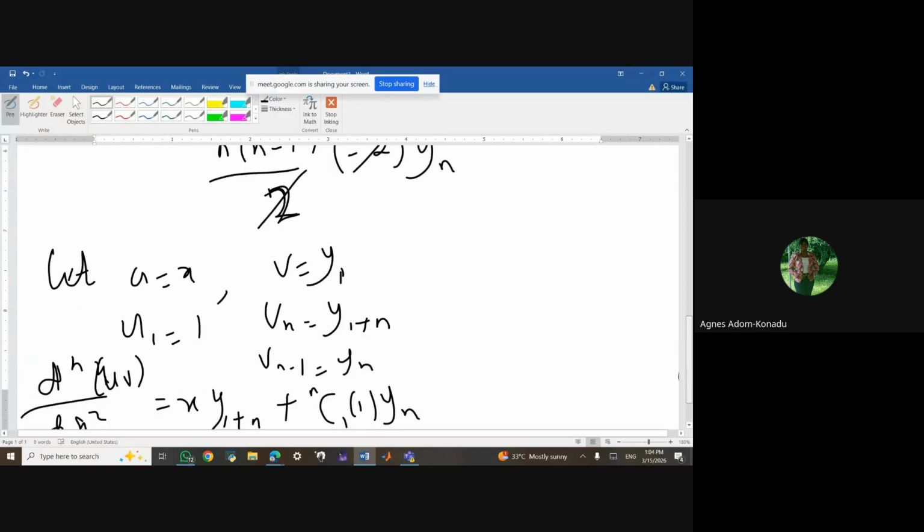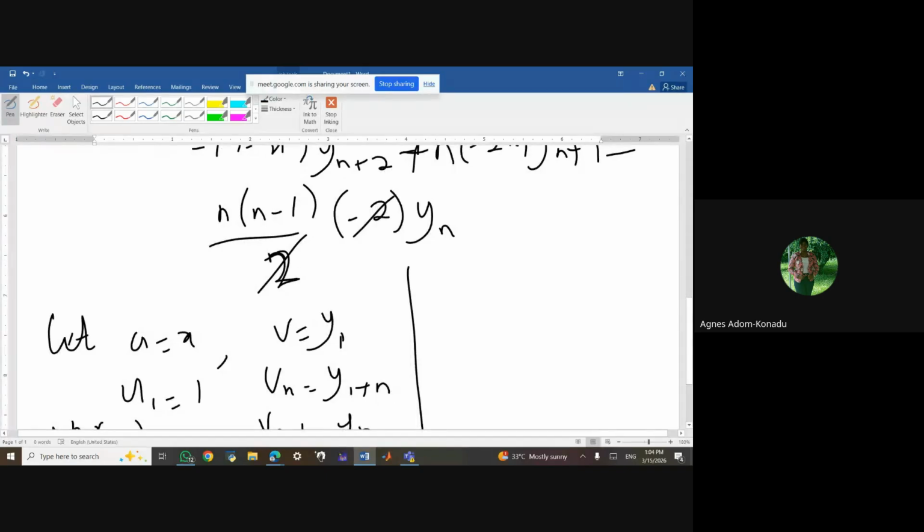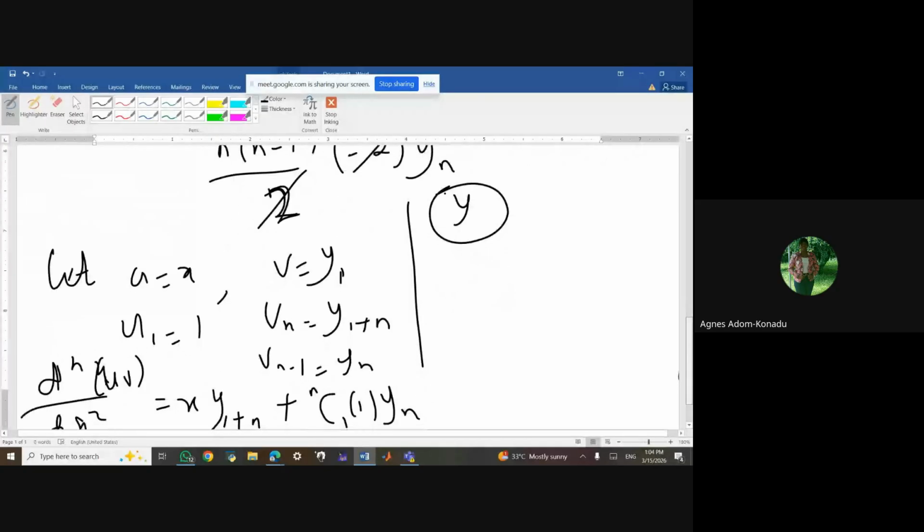Then I go to the last one, which is y. This one can be seen as 1 times y. So my u is 1, and then my v is y, so my v_n will be y_n. I don't have to differentiate my u, because when I differentiate, I'm going to get 0.